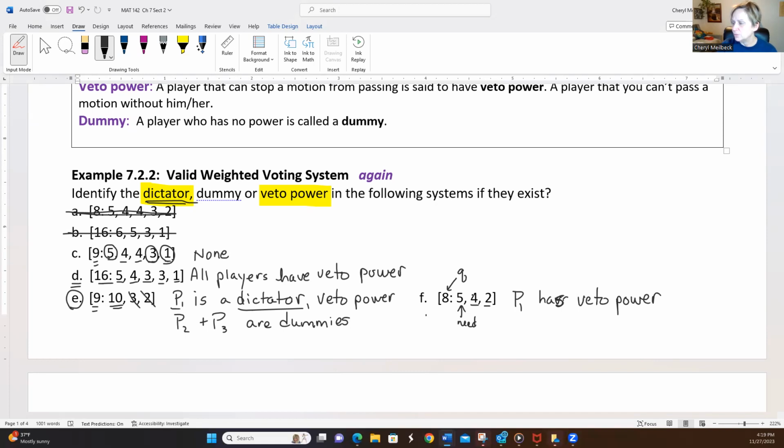Let's look at player 2. If player 2 is not involved, can player 1 and player 3 meet the quota? 5 plus 2 is 7? Nope. So player 2 also has veto power. But player 1 and player 2 will make the quota without player 3, and it doesn't matter how player 3 votes. So player 3 is a dummy.